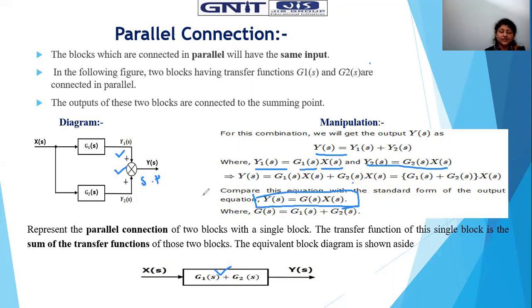When the blocks are in series, as in the previous slide, the individual block transfer functions G1 and G2 are multiplied for the overall transfer function. But in case of parallel connections, the combination will be addition or subtraction. In this way, we can combine these two blocks into a single one.